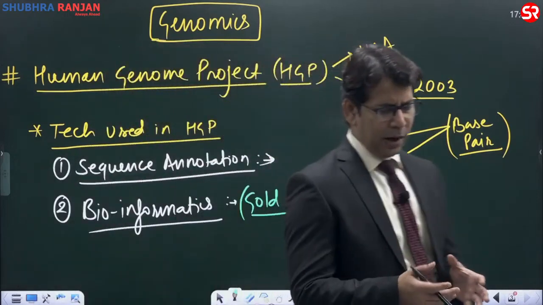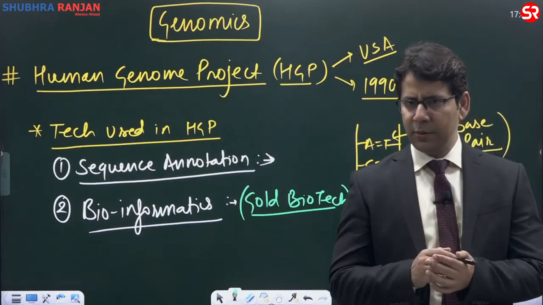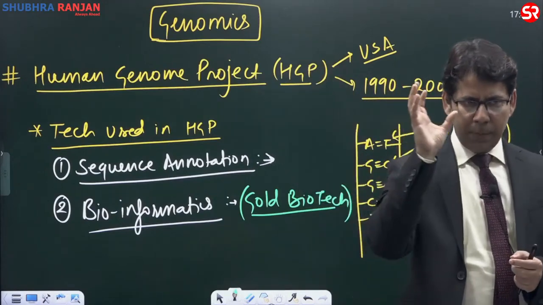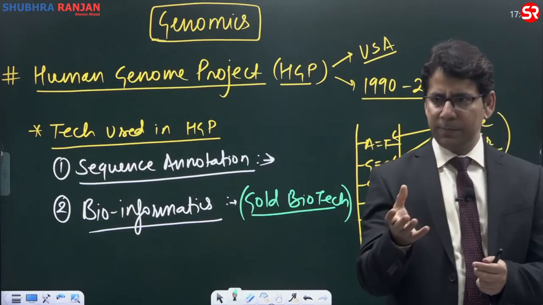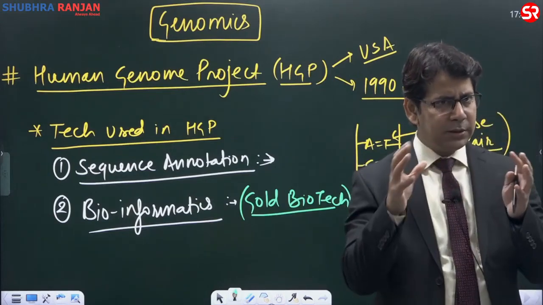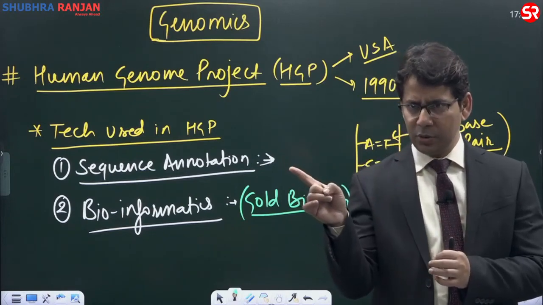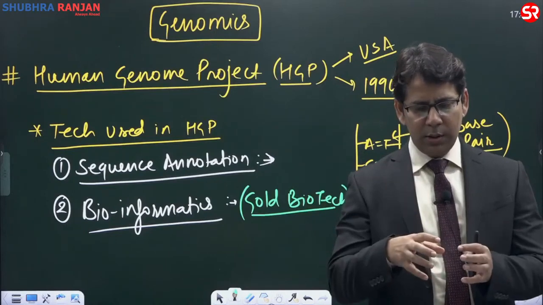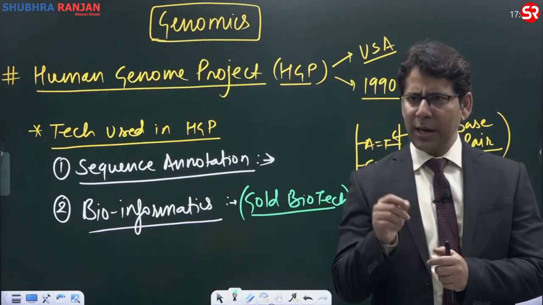Gold biotechnology, or bioinformatics, is an area where three things are merging together: genetics, that means DNA; computer science, that means IT; and mathematics, algorithm. And with the help of these three, what we have created is known as bioinformatics. You get it? In the present world, whatever we are doing in health, we are doing it at the DNA level.